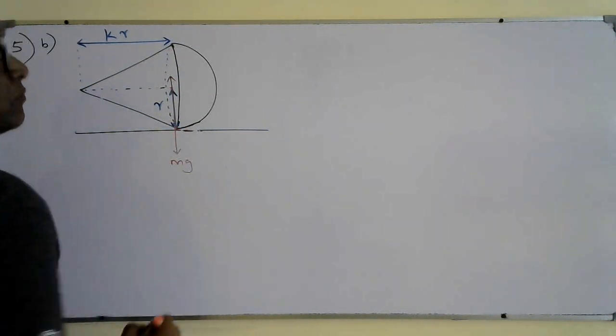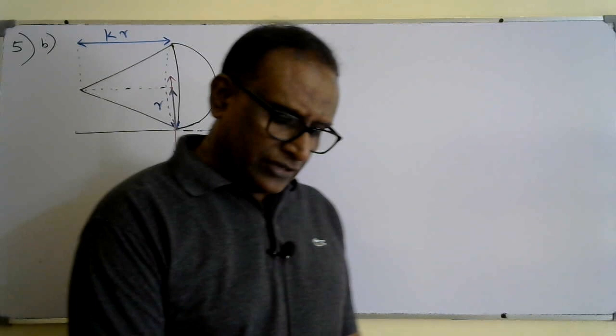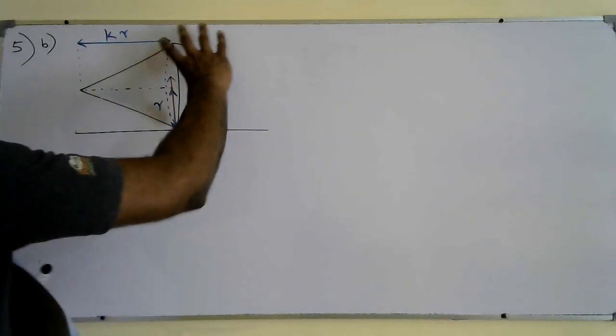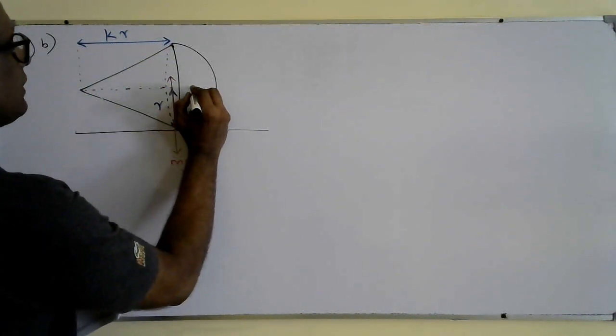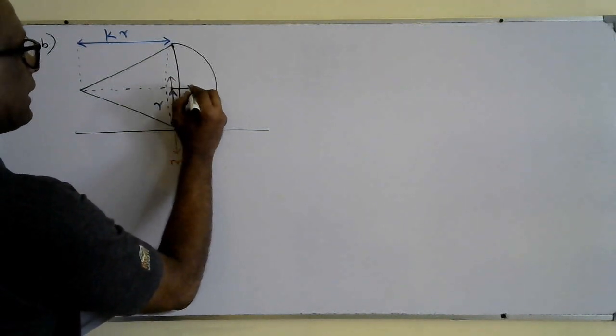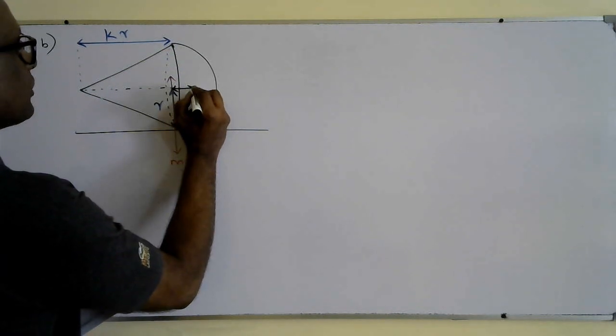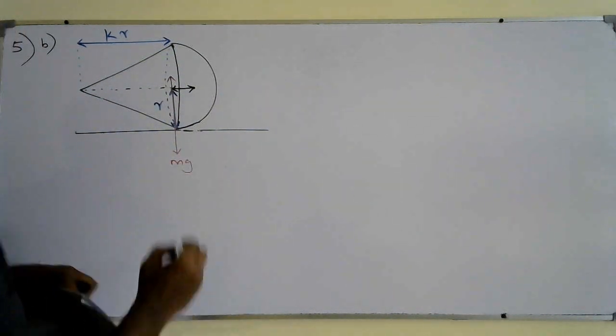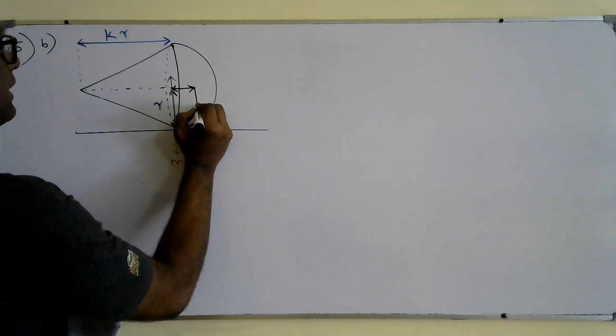So we can use simply the principle of moments. For the hemisphere, the center of mass will be at a distance of 3r/8. We already proved it. So the weight of the hemisphere, m1g, will act here.